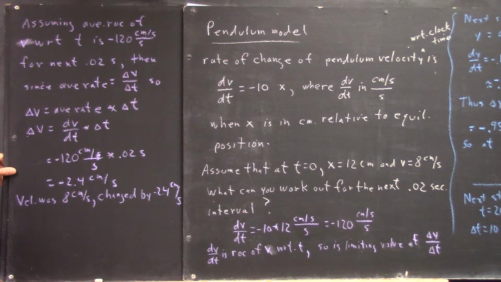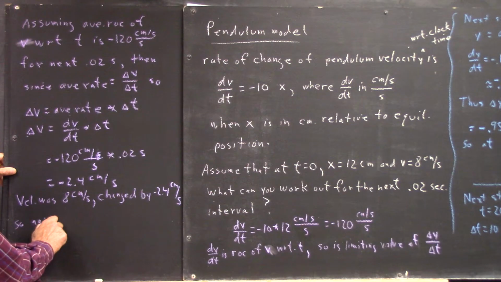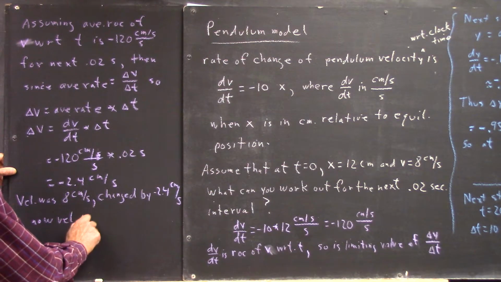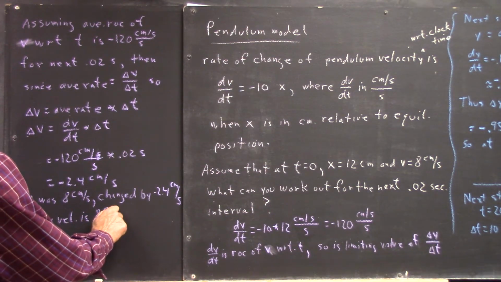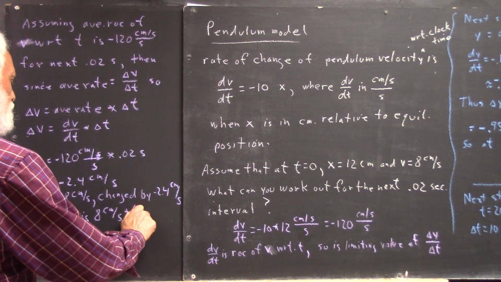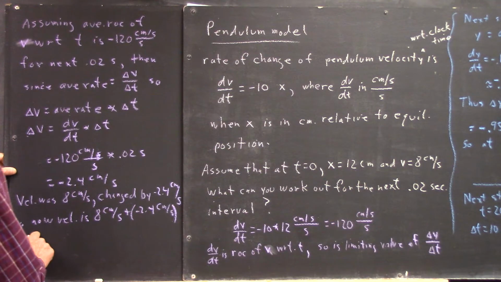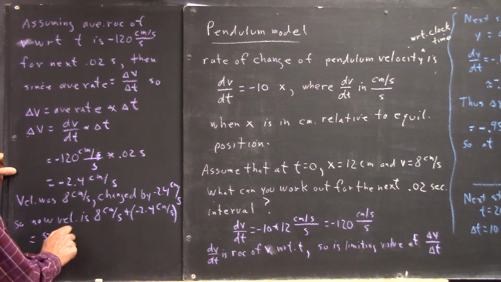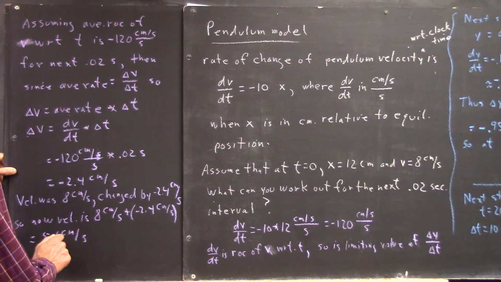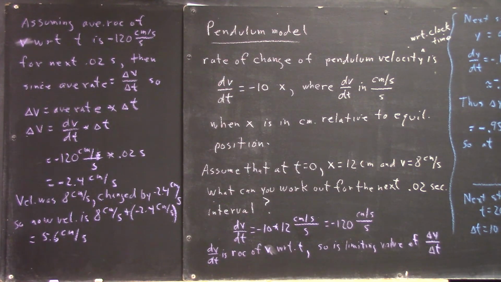Changed by negative 2.4 centimeters per second. So now velocity is 8 centimeters per second plus negative 2.4 centimeters per second, or 5.6 centimeters per second.